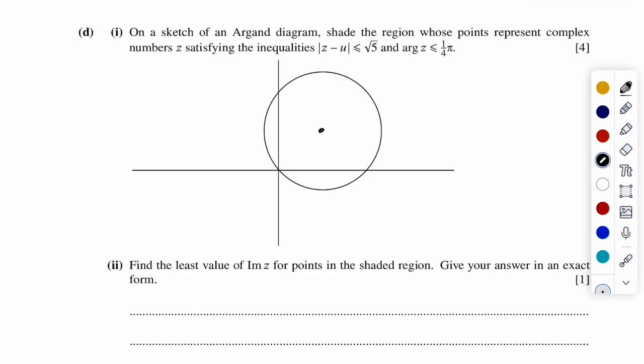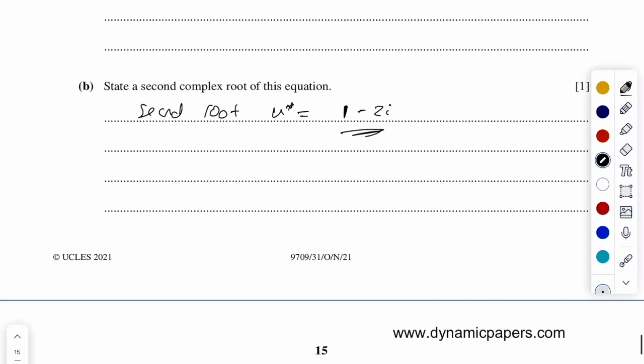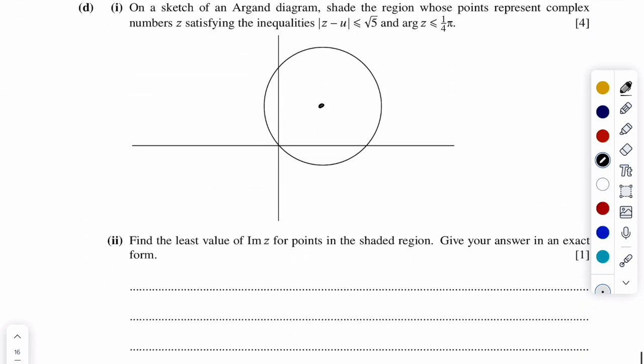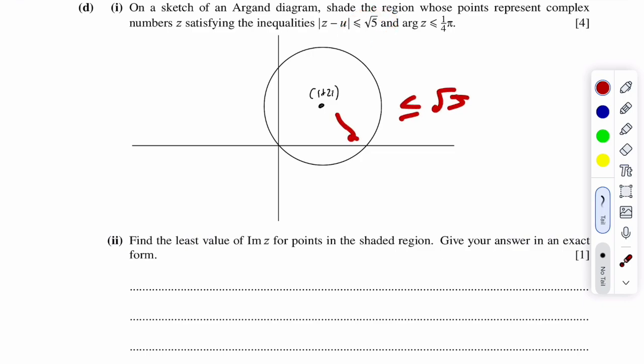U is 1 plus 2i, and this is the centre. Now this radius must be smaller than root 5. It's important to know. We'll get to that in a second. But the other condition that needs to be satisfied is arg z being smaller than or equal to pi over 4.